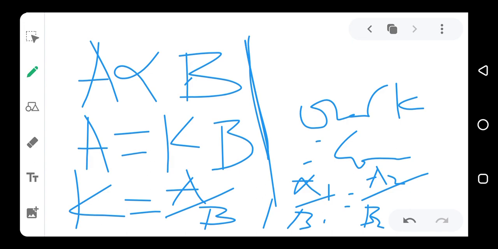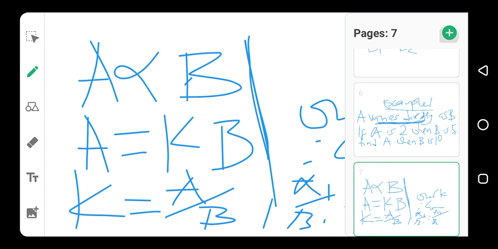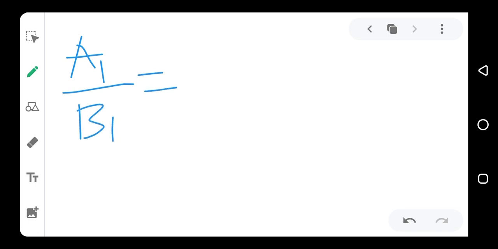So when you state it and get to this point, now you can put your values. I will solve this question in different forms. I will use the formula to solve it, and I will also solve it without using the formula. Let me use the formula first. Now, when we put the formula, we say that A1 over B1 is equal to A2 over B2.